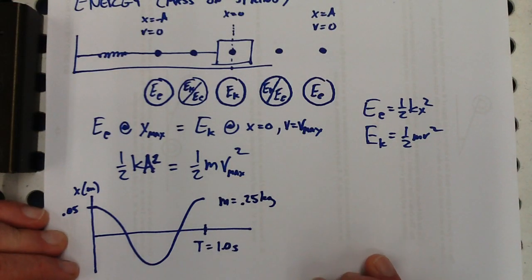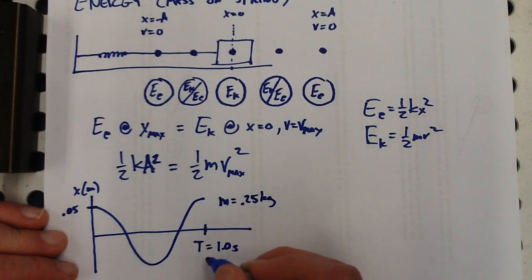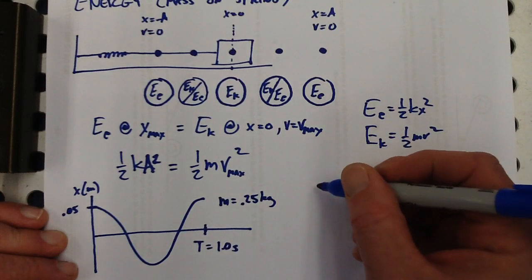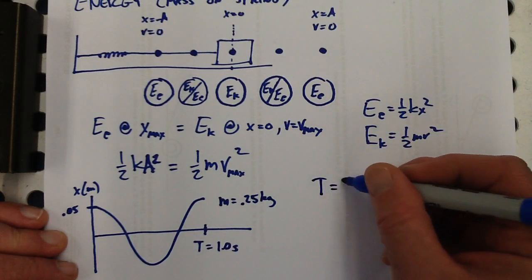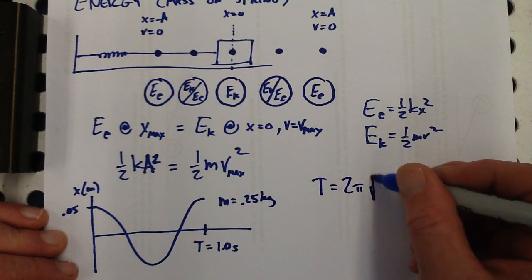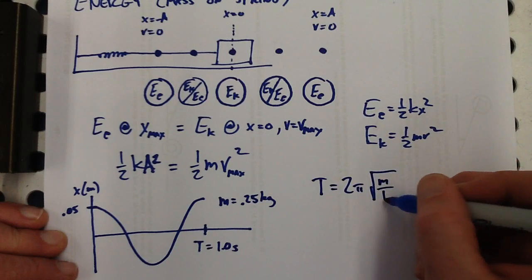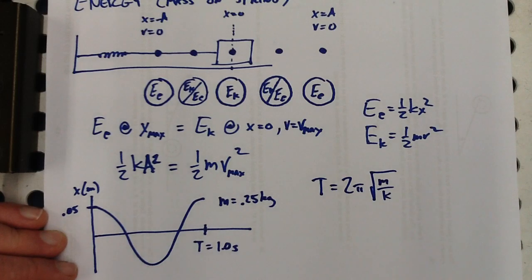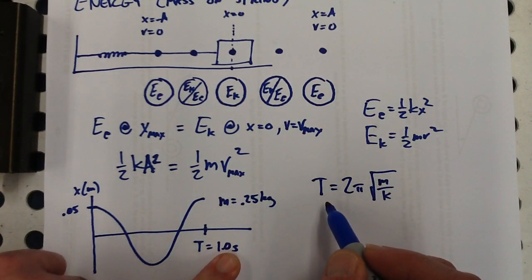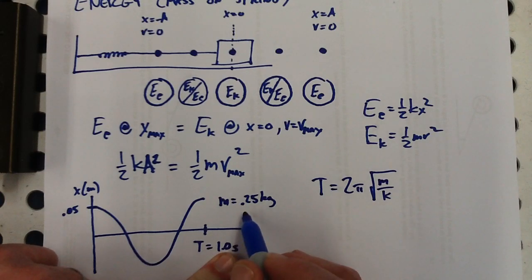So the two things that I do know: with this period here, the only equation that I have that uses the period in it is period is equal to 2 pi times the square root of m over k. I know that. That came in our last set of notes. And here, I know what the period is, it's 1 second, and I know what the mass is, it's 0.25.